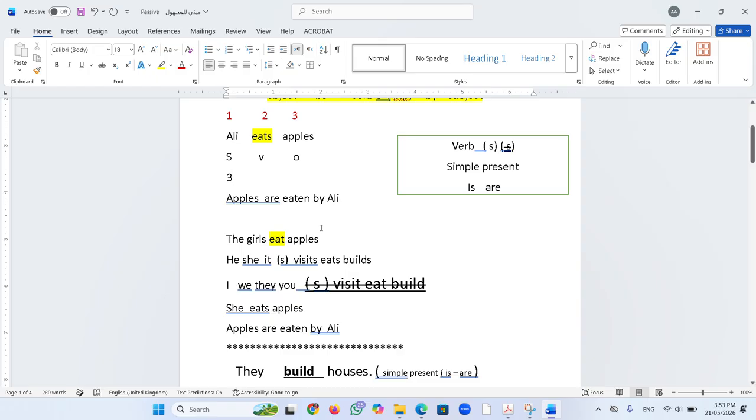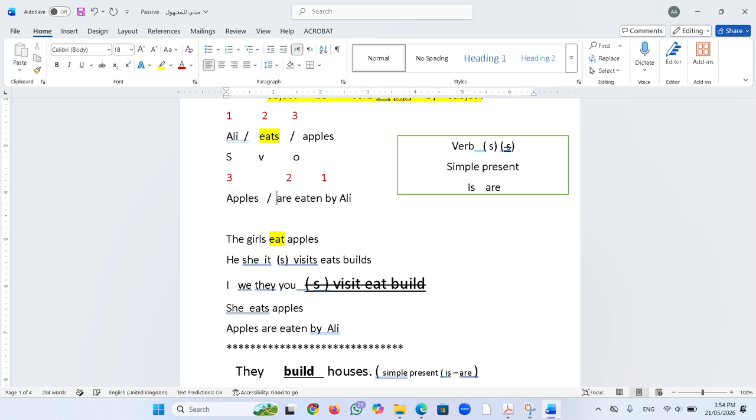We put 3, then 2, then 1. We change the numbers from 1 to 3 to 3 to 1. So, first of all, you divide the sentence to 1, 2, then 3. Then change the sentence to 3, 2, 1.